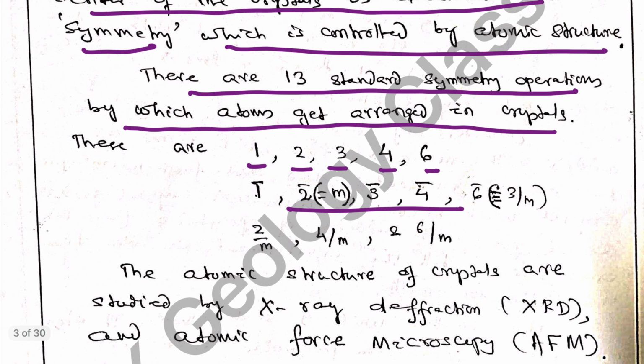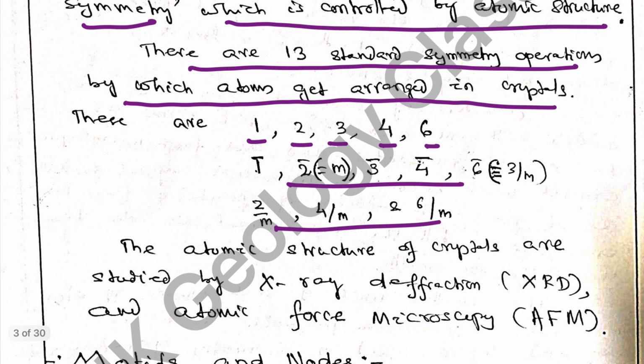and 6/m. So these are the standard symmetry operations by which the unit cells or the atoms repeat so that the crystal develops.